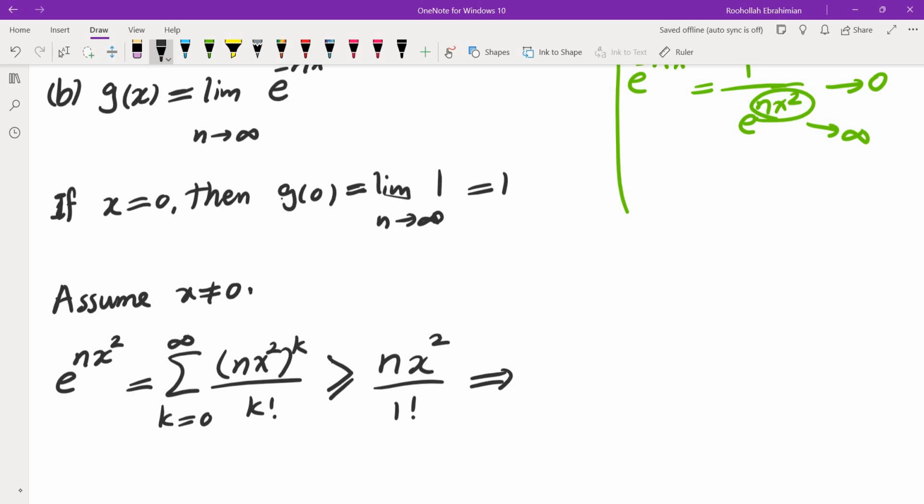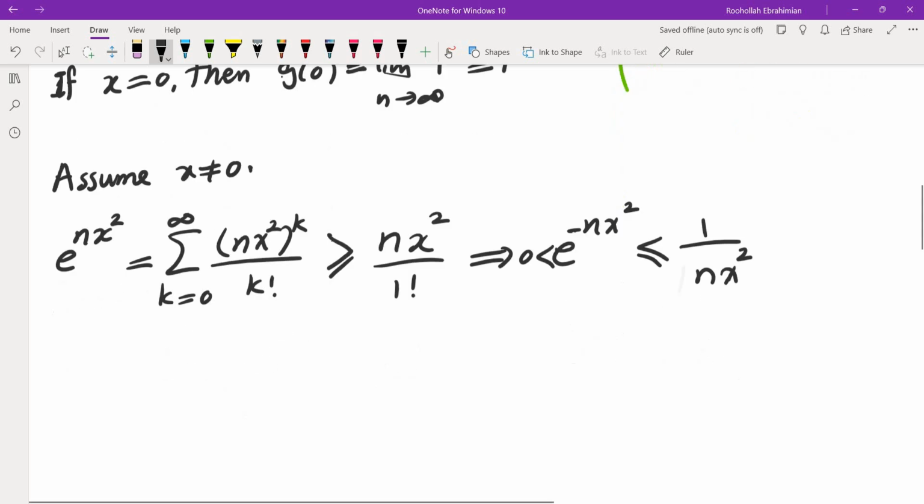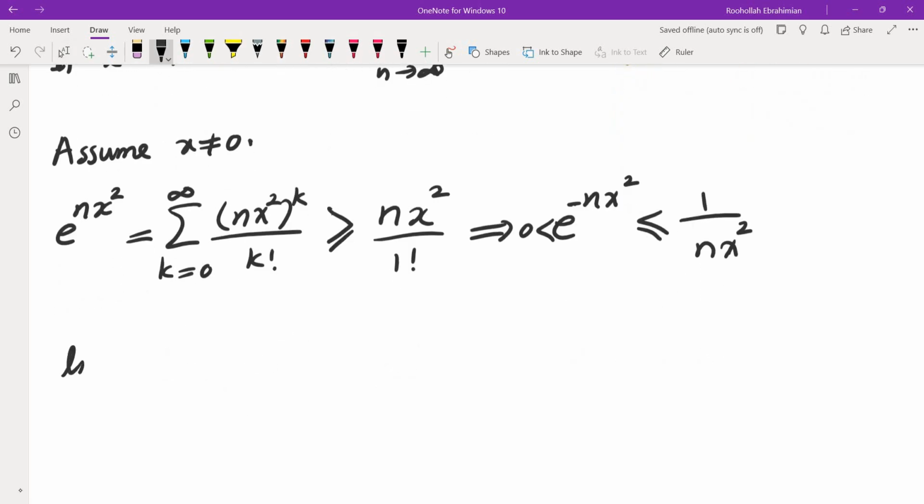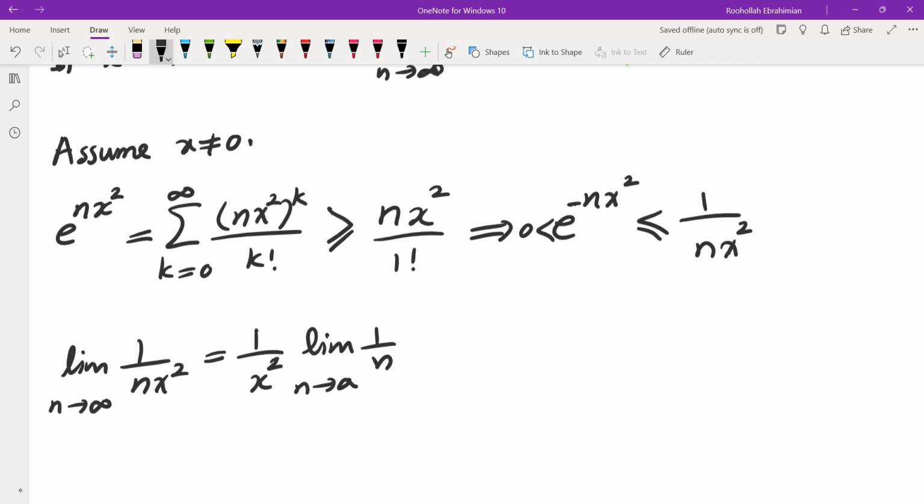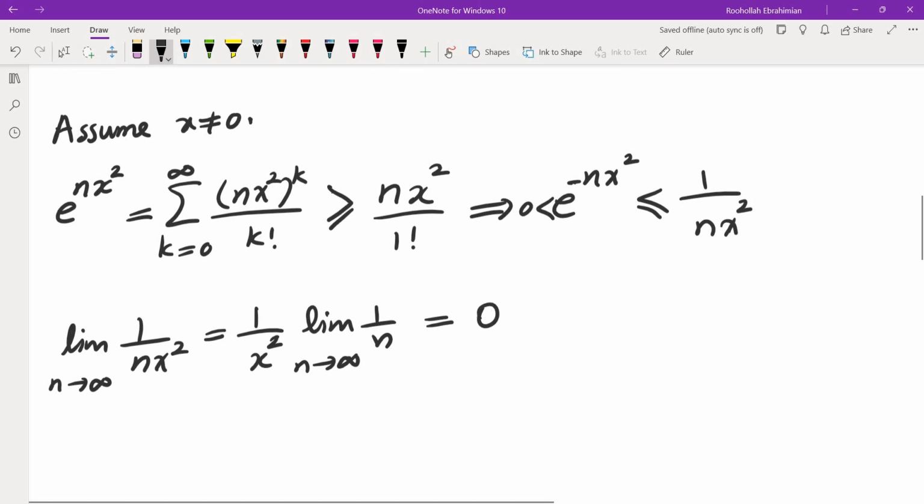So this means if I look at e to the power of negative n x squared, first of all, this is positive, and second, this is less than or equal to 1 over n x squared. The limit of 1 over n x squared is equal to 1 over x squared times the limit of 1 over n as n approaches infinity. But as n approaches infinity, 1 over n approaches 0. So this becomes 0.